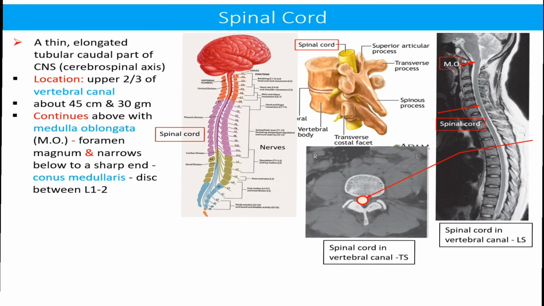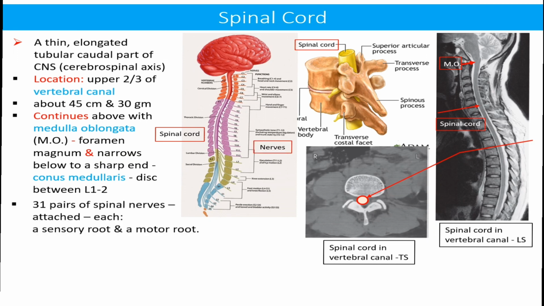It continues above with the medulla oblongata at the level of foramen magnum and narrows below to a sharp end which lies at the level of the disc between lumbar first and second vertebrae and is named as conus medullaris.